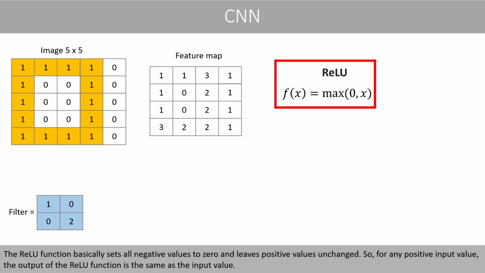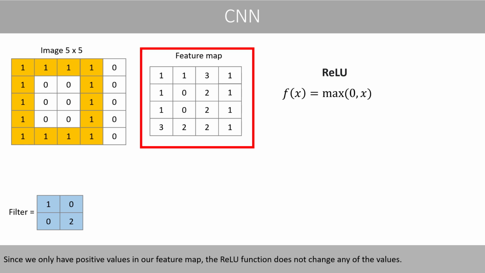The ReLU function basically sets all negative values to 0 and leaves positive values unchanged. So, for any positive input value, the output of the ReLU function is the same as the input value. Since we only have positive values in our feature map, the ReLU function does not change any of the values.